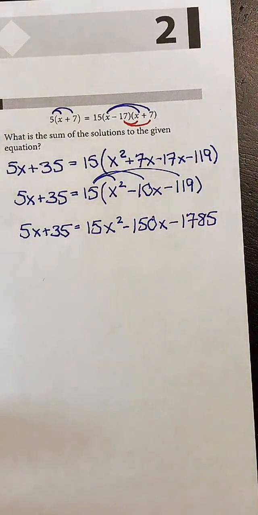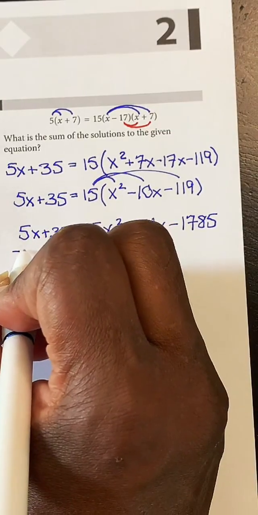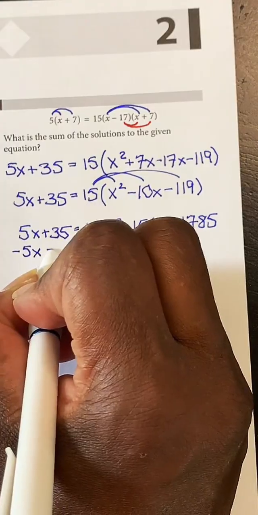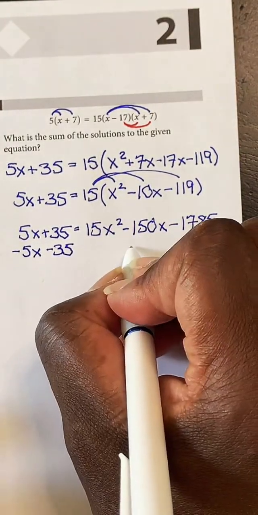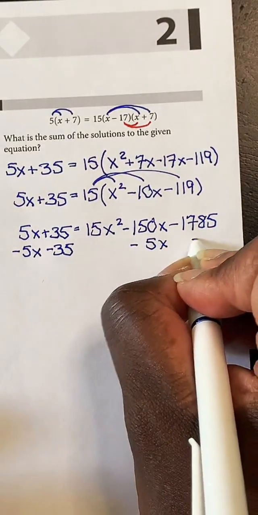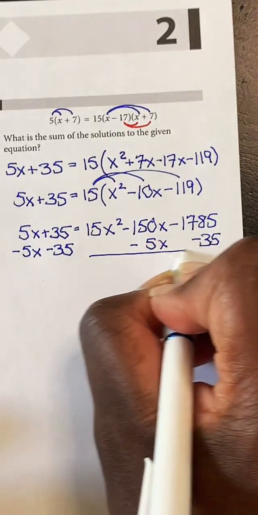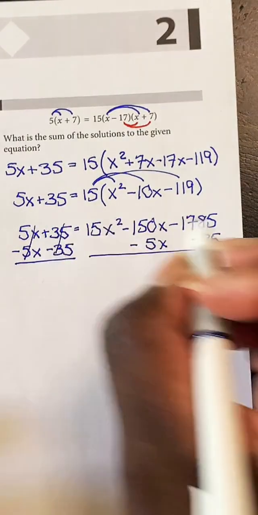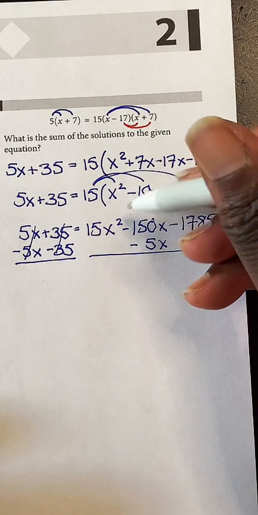All right, so now we can subtract the 5x as well as the 35 to put everything on one side of the equal sign. And why would we do that? Because my highest degree or my highest exponent is a 2, is a square.